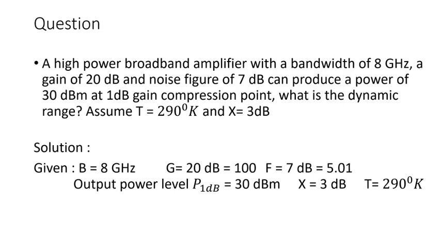What is the dynamic range? Assume T is equal to 290 degrees Kelvin and X is equal to 3 dB. So here we need to find the dynamic range. The data which are given, we'll first put down.